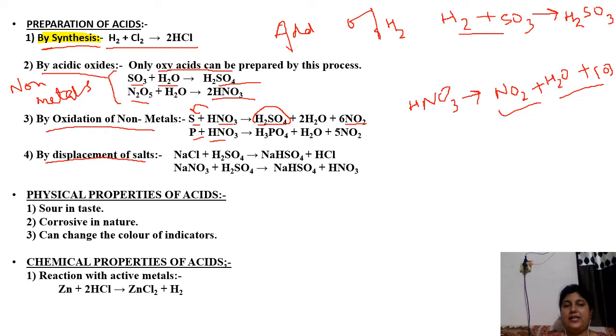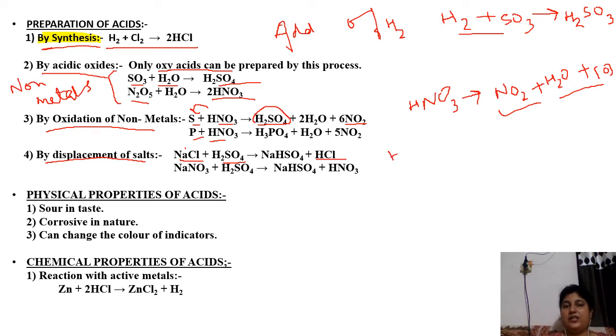When we add any acid in salt, it results in the formation of another acid. For example, NaCl is a neutral salt in which sulfuric acid is getting added. From over here, what will happen?